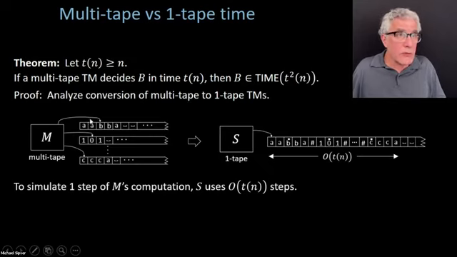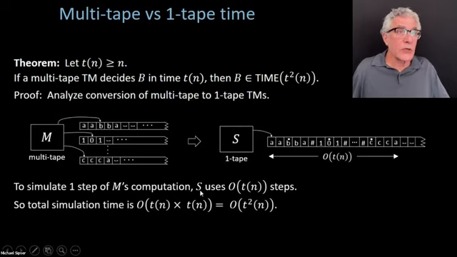Each one of these is at most T of n long, so this altogether is order T of n long. What can M do? It could send its head out, say the head on this tape here, moving as fast as possible to the right, using as much tape as it can, but you can only use T of n cells in T of n time. So one step of M's computation takes T of n steps on S's computation, but M itself has T of n steps, so it's T of n times T of n for the total number of steps that S ends up using. And that's where the squaring comes from.